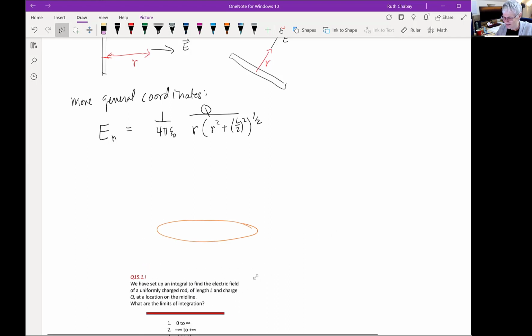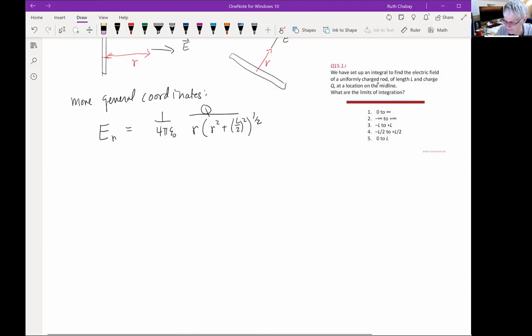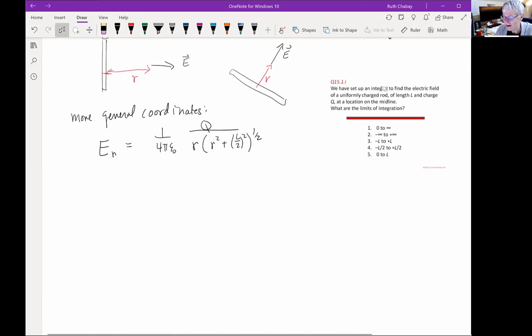Well, we do actually need math here. So we can check some things.